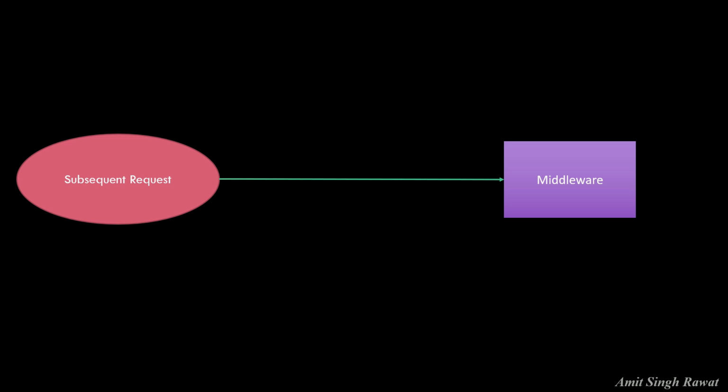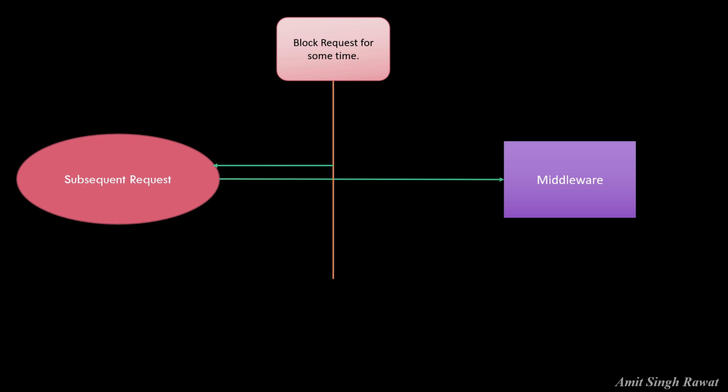Whether it is an image, CSS, JavaScript, HTML or any other static file. So can we tell the browser, Mr. Browser, this is a static file, and if you already cached that image, you don't need to send a request for, say, the next 1 minute or 1 hour or 1 day, any duration as per your need. Is it possible? And the answer is yes, we can do that.